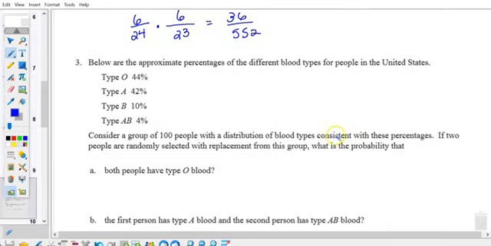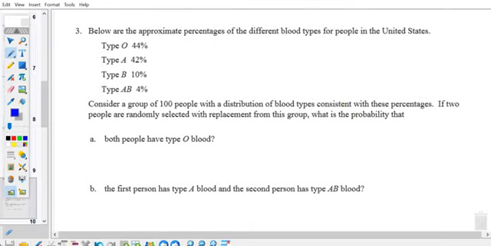All right, last problem. Below are the approximate percentages of the different blood types for the people of the United States. Consider a group of 100 people with a distribution of blood types consistent with these percentages. If 2 people are randomly selected with replacement, what's the probability that both have type O?